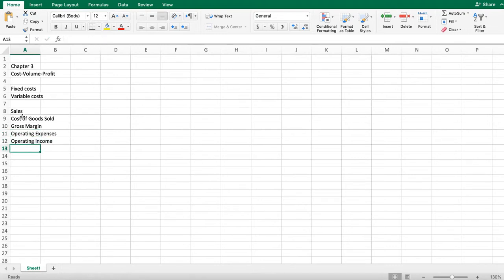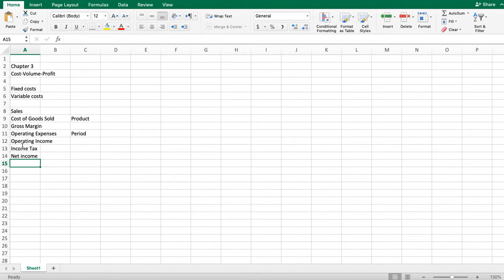So this is our product cost. This is our period cost. This is our direct material, direct labor, manufacturing overhead. So that's a traditional. Also, I'm going to add something in here that you all know about, income tax. And once we take that off, we have net income. And the reason I'm putting this on here is because we're getting ready to move into some calculations where we'll be calculating operating income and net income. And so I wanted to remind you of what that skeleton income statement looks like.